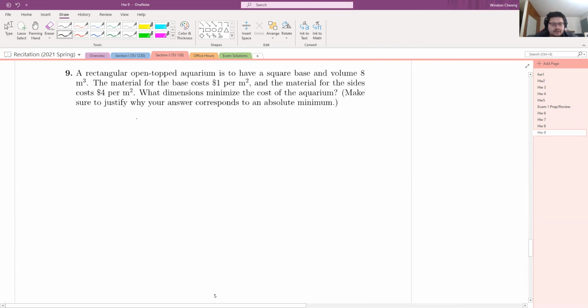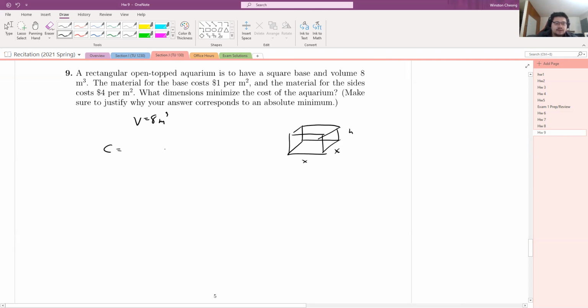Let's see. Volume is 8 meters cubed. We again have a rectangular prism kind of situation, well, a square prism. The base is square. So again, I'll use x's and h's, and we are talking about cost.